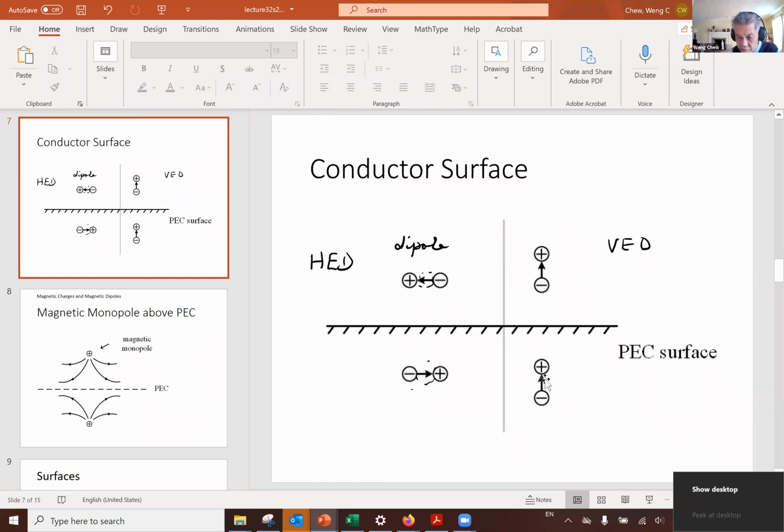A negative charge will reflect to a positive charge down here. You can see that a vertical electric dipole reflects to a vertical electric dipole of the same polarity in this case. So this is opposite polarity. And this is of the same polarity.